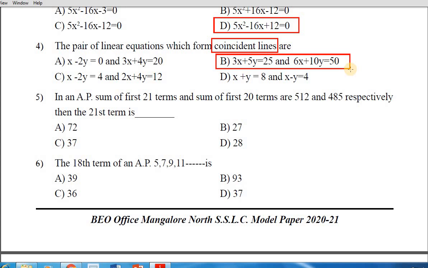And B1 by B2 is 5 by 10, we get ratio 1 by 2 only. And 25 and 50. So 25 transferred to the left side, we get minus 25. 50 also transferred to the left side, hence we get minus 50. So minus divided by minus we get plus. So 25 by 50 gives 1 by 2. It means for A1 by A2, B1 by B2 and C1 by C2, we are getting 1 by 2 only. Hence, for this question, the right answer is option B.